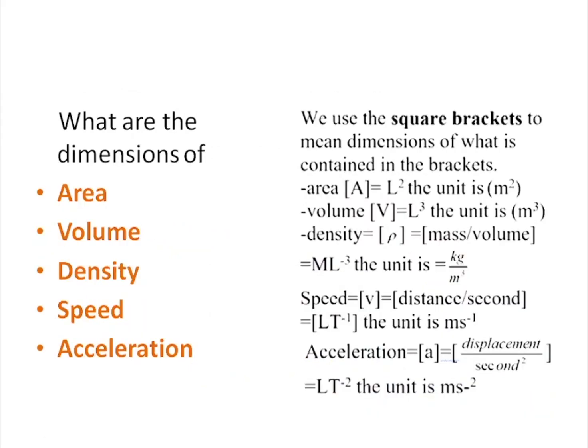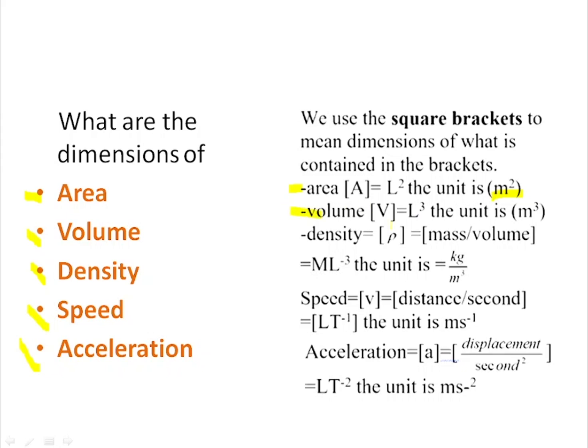What are the dimensions of area, volume, density, speed, and acceleration? We use the square brackets to mean the dimensions of what is contained in the brackets. For example, when we say area, square bracket A, is equal to L squared, the unit is m squared.